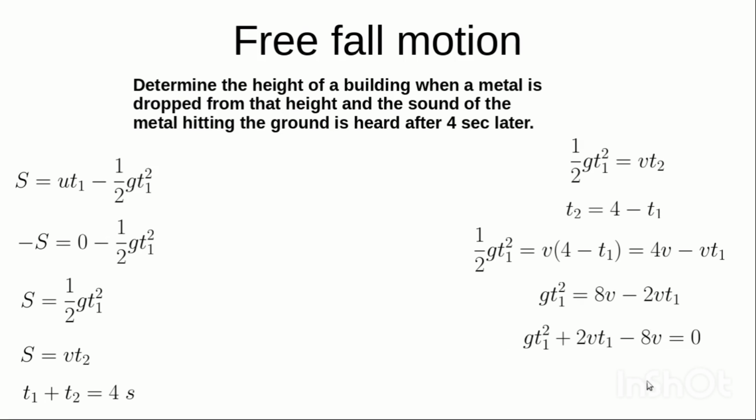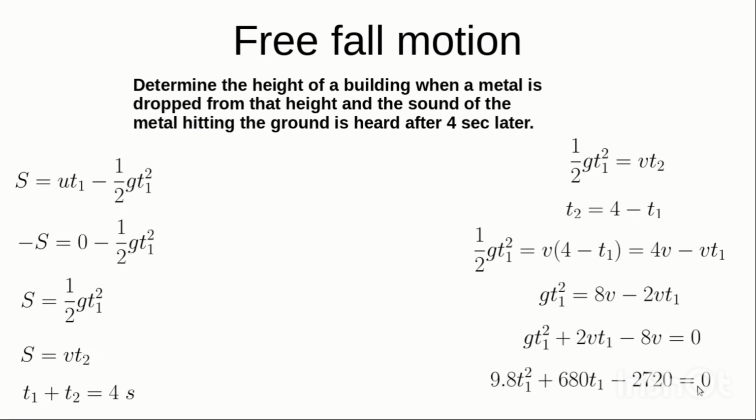We can solve this equation for t1 using the almighty formula for quadratic equations. We already know the value of g, which is 9.8. The speed of sound is taken to be 340. Then 340 times 8 is multiplied by this one, which is equal to 0.